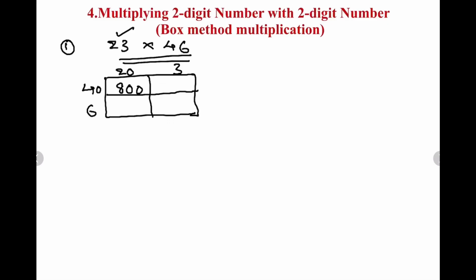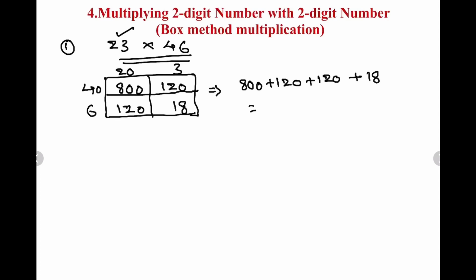Then 40 into 3, 120. Next 20 into 6, 120. 6 into 3, that is 18. Now add all those. 800 plus 120 plus 120 plus 18.